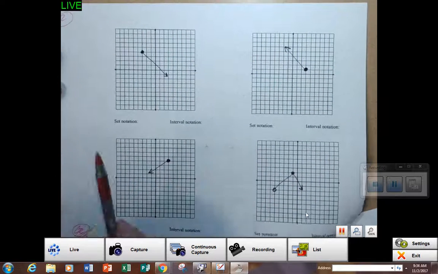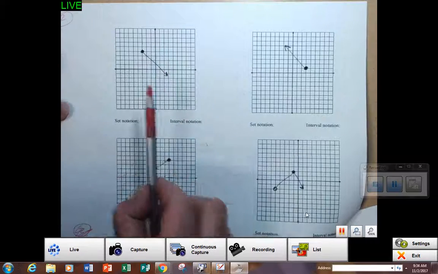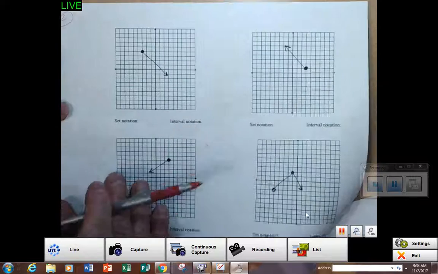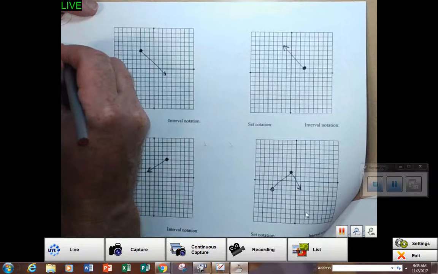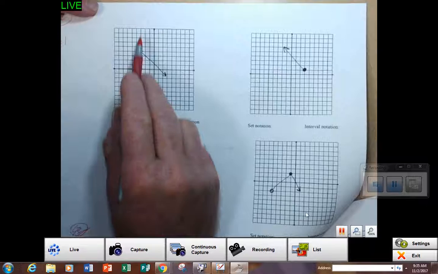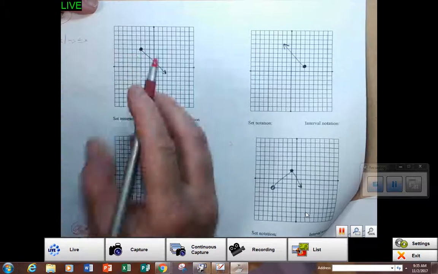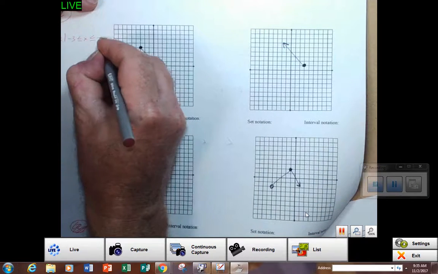All right. Domain is measured from left to right. So even though this arrow is going down, it is going left to right, positive infinity. That is a tough concept. So for this, my set notation is x, put a line there, from -3, less than or equal to x, to positive infinity. And yes, that is positive.